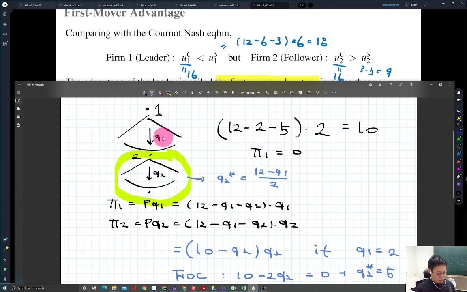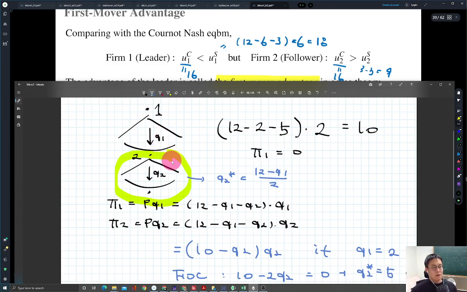So if we think about each firm's amount of information when each firm makes a decision, firm 2 has better information because when he makes a decision, he can observe Q1. And in Cournot duopoly, no firm has an informational advantage because both firms make a decision at the same time without observing the other firm's quantity decision, right?